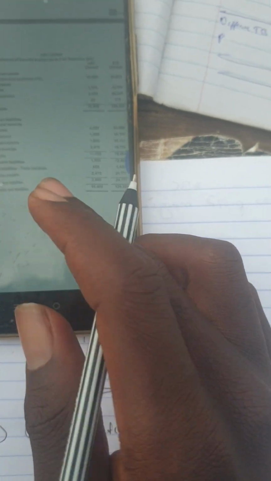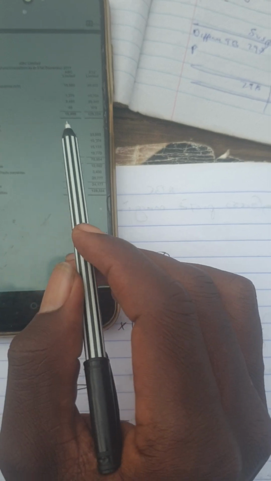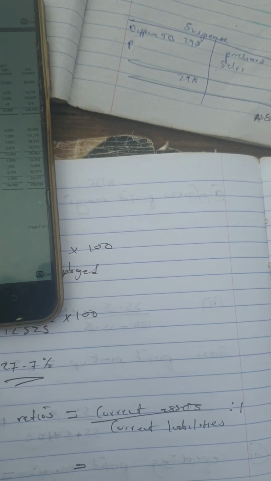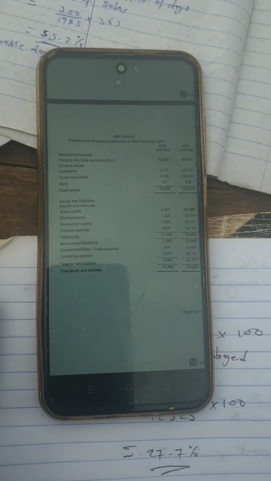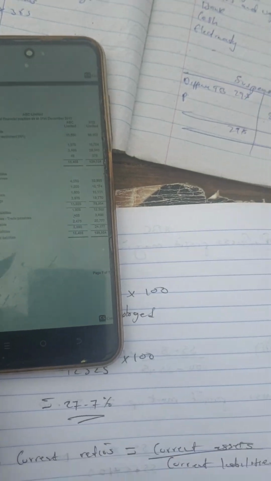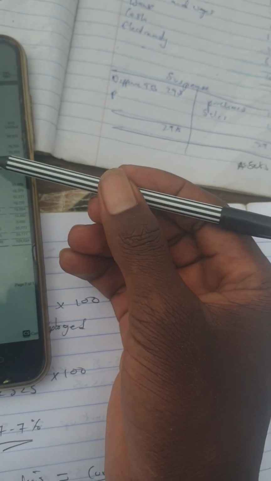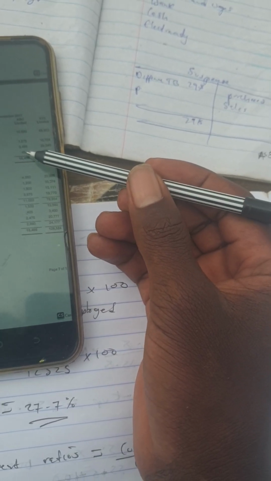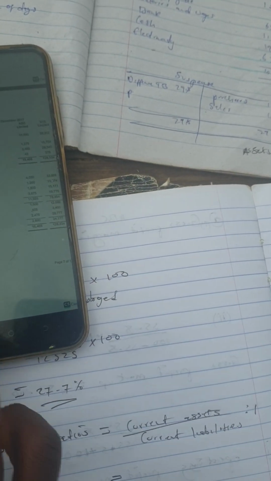In this question we don't have the total for current assets, so we're going to add here.